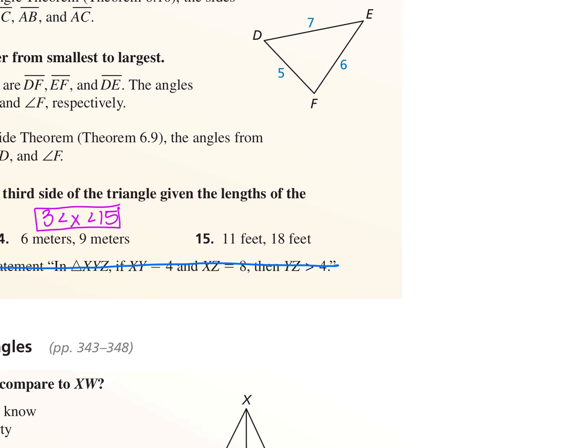And then doing 15, same thing, adding, and then subtracting to get your smallest value. Again, your third length has to be greater than 7, but less than 29.